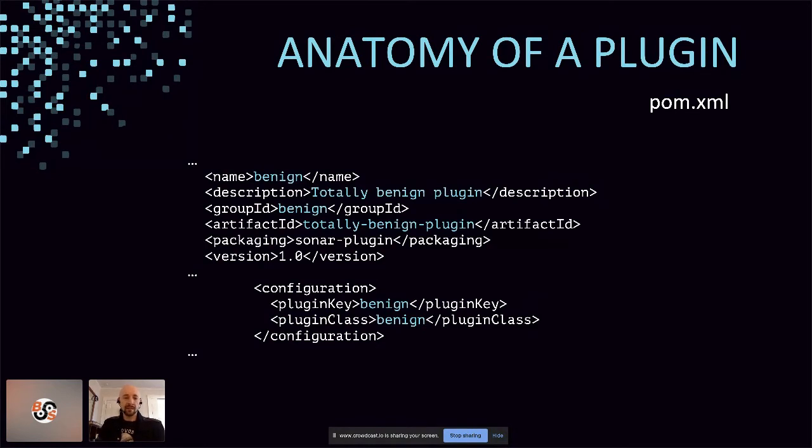So the group ID and the plugin class, those ones have to correspond to part of your project structure. So if you remember the other file that we have, I named benign.java. If you were to change the name of that to something else, then you would also have to change that name in the group ID and the plugin class. So just be aware of that if you play around with this.